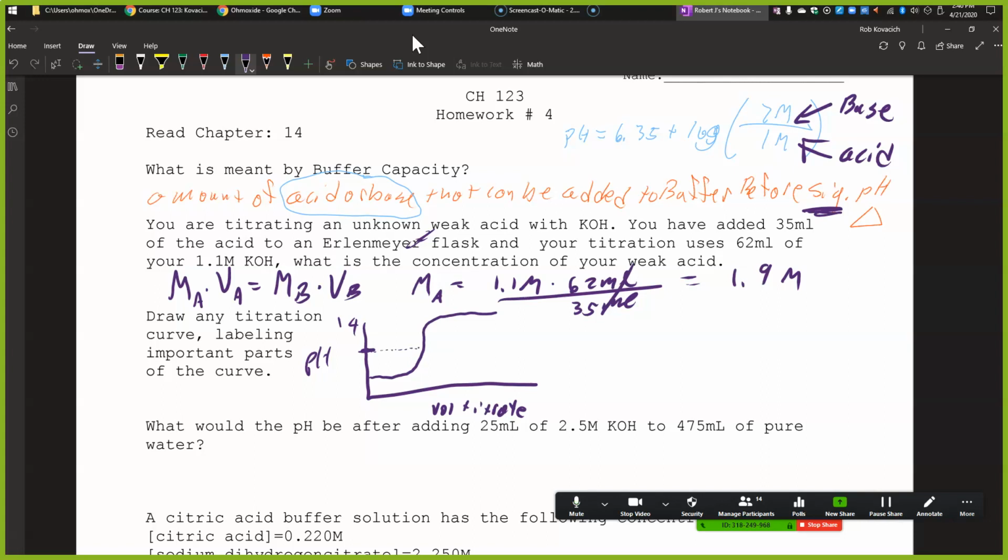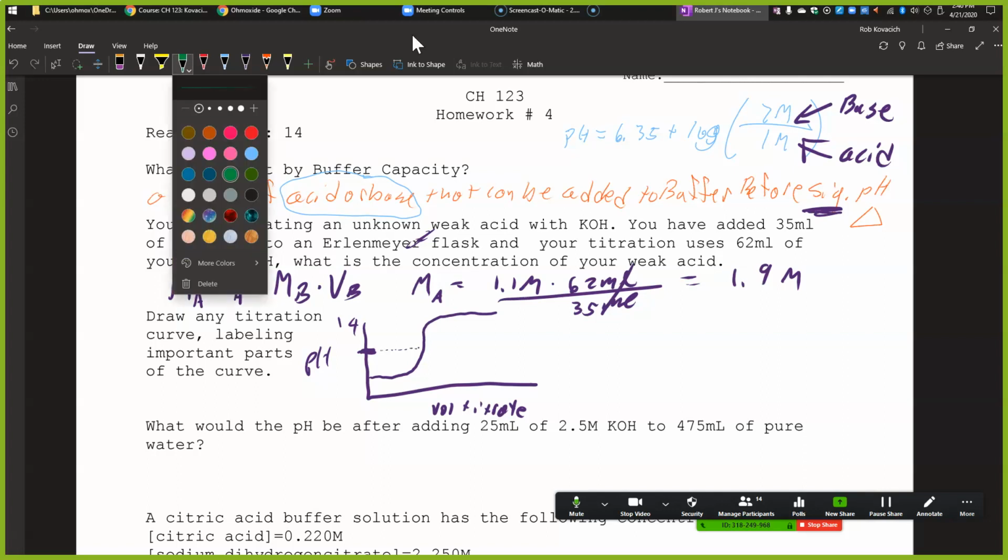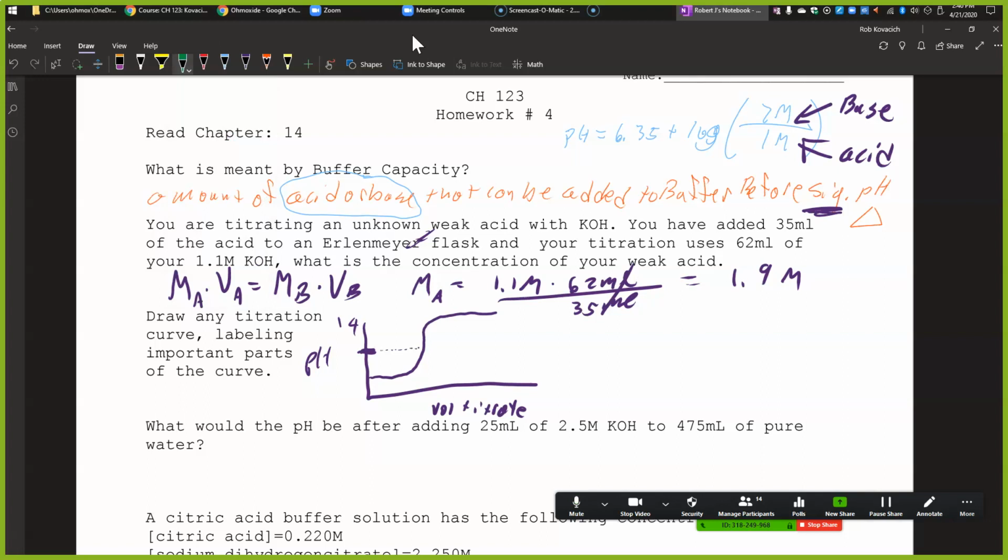The equivalence point? That's what it's called, but what number should I put there? Seven. You need to put a number greater than 7. Anybody want to tell me why?